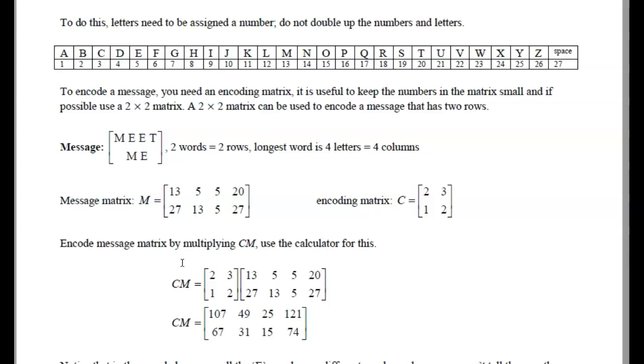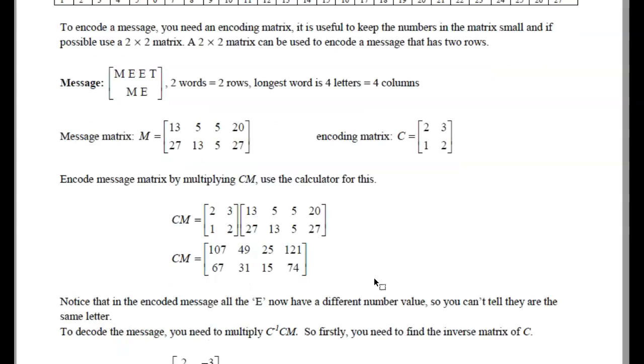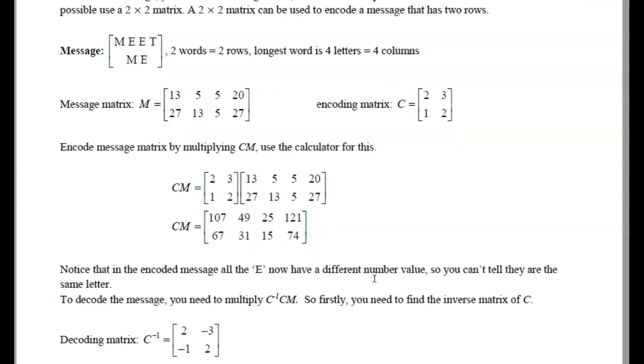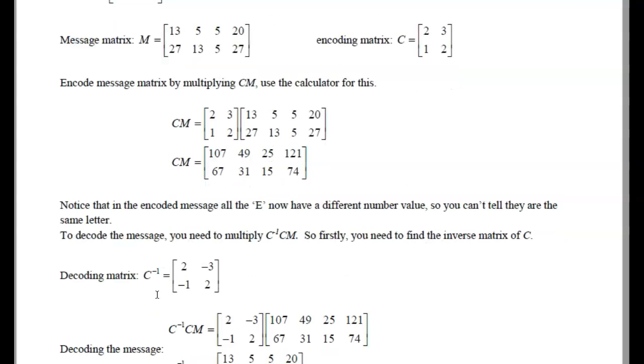Okay, so if we're encoding this message, we multiply it by this encoding matrix, matrix C, so you can see that up here, and then we multiply that by our message, and we get this matrix here, which we call CM, C times M. And then you might give that message to a friend. You give the encoding matrix, and to decode it, you multiply it by its inverse.